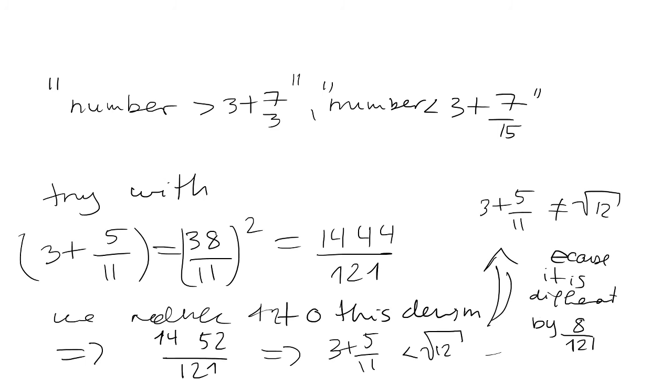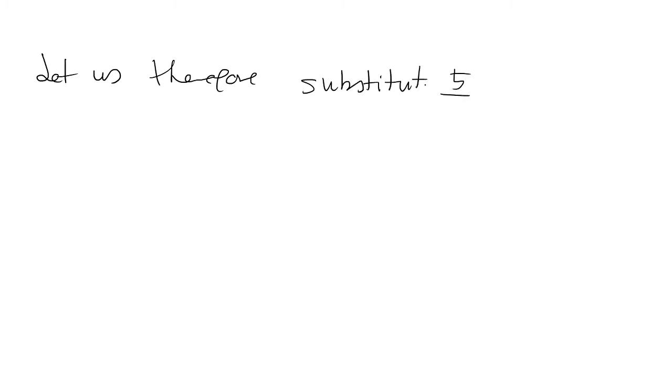And as you may see, in that case, let us therefore substitute the fraction 5 divided by 11 by the fraction 6 divided by 13, which is a little greater, and see what will be the result of the comparison of the mixed number 3 plus 6 divided by 13 to the power of 2 with the proposed number 12.